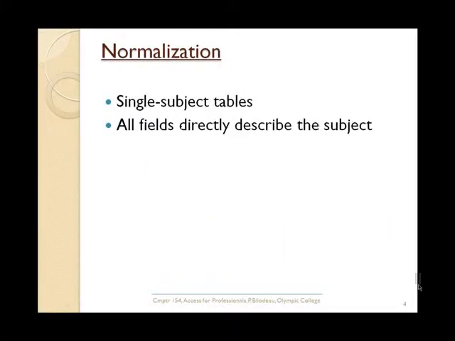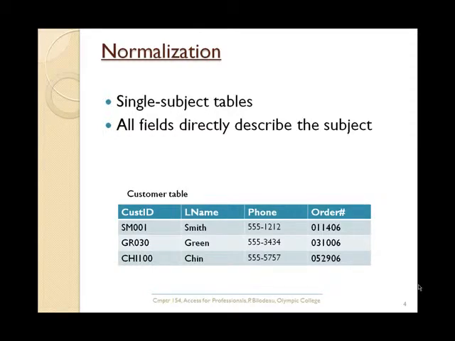Another purpose for normalizing tables is so that tables will represent a concise subject. A properly formed table will focus on a single subject, and all of the fields in the table will relate directly to that subject. For example, when tracking people in a table, fields such as the person's name, customer ID, and so on all make sense because they help to describe something directly about the person.